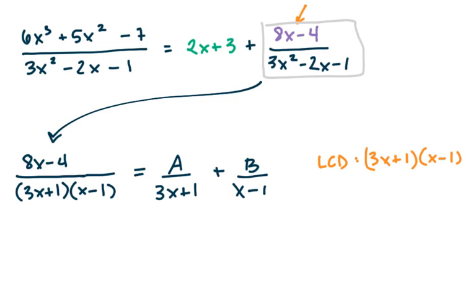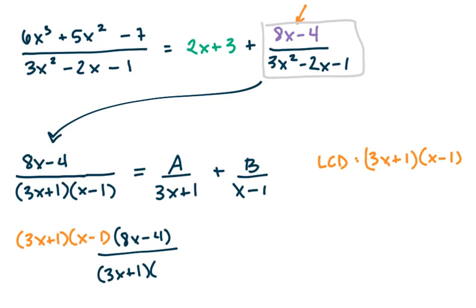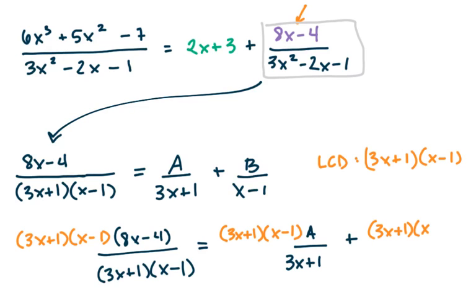And I'll multiply that through everything. 3x plus 1, x minus 1 times 8x minus 4 over 3x plus 1, x minus 1, 3x plus 1, x minus 1 times A over 3x plus 1, and a third term, 3x plus 1, x minus 1 times B over x minus 1.